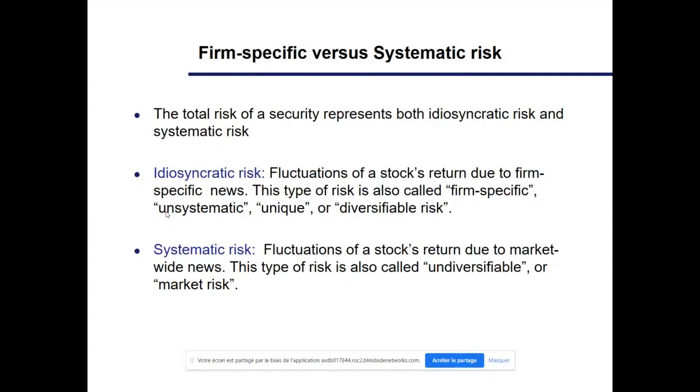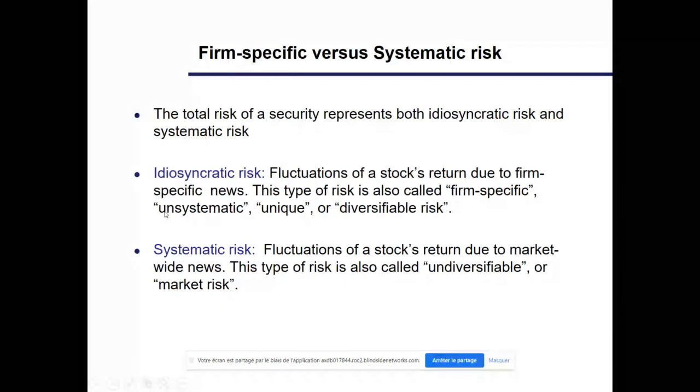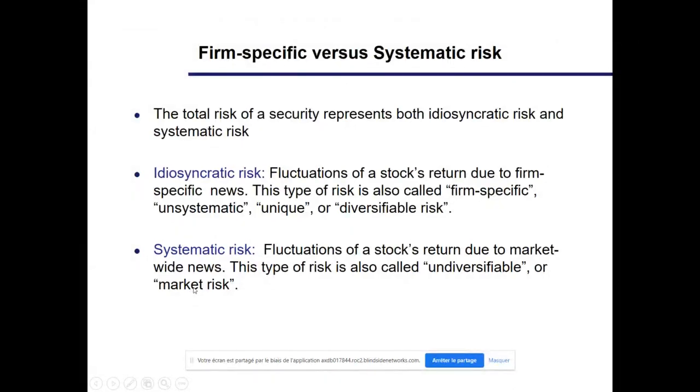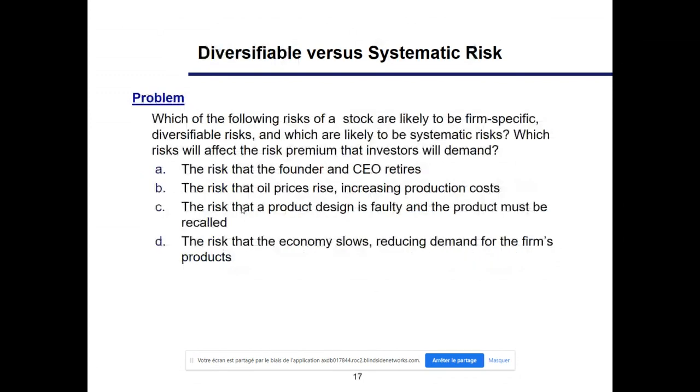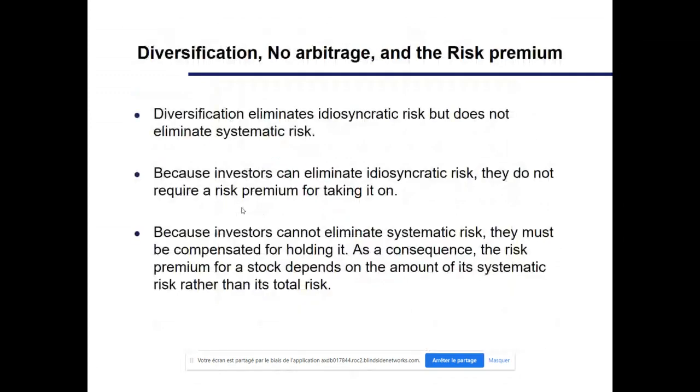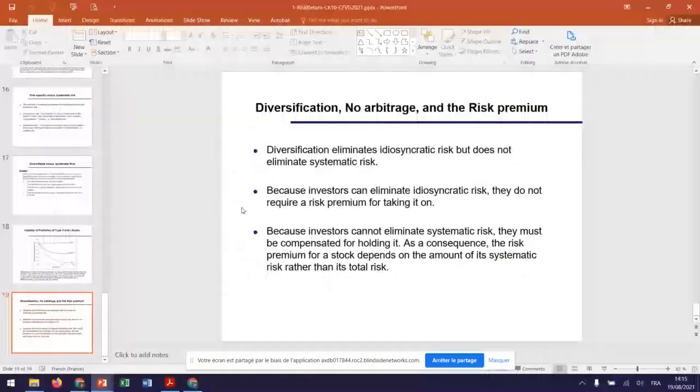You get compensation in return when you hold market risk, but the market will not give you a return on the unsystematic, firm-specific, diversifiable risk, because diversification is free. So that is what we learned yesterday about this concept.